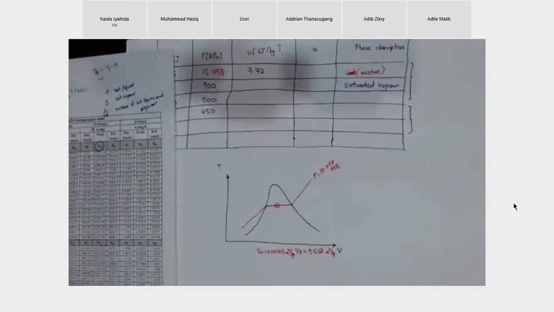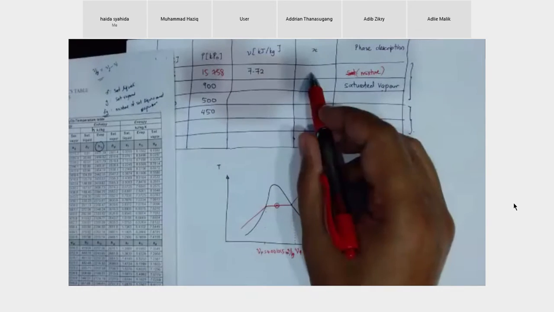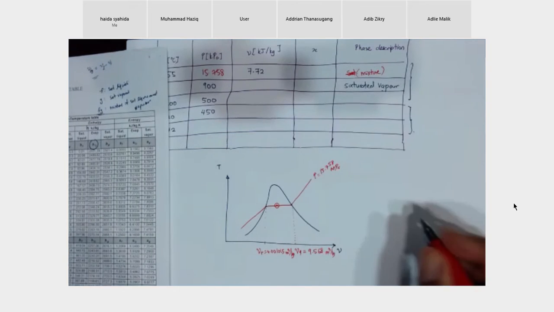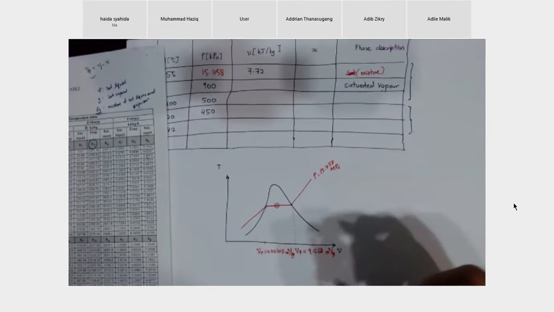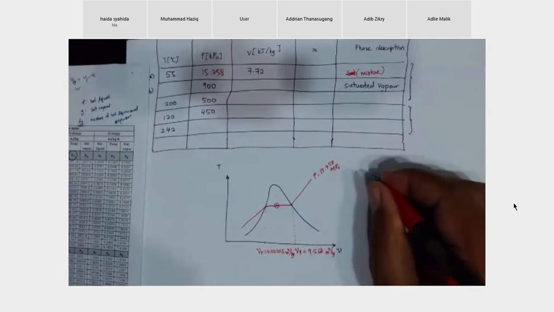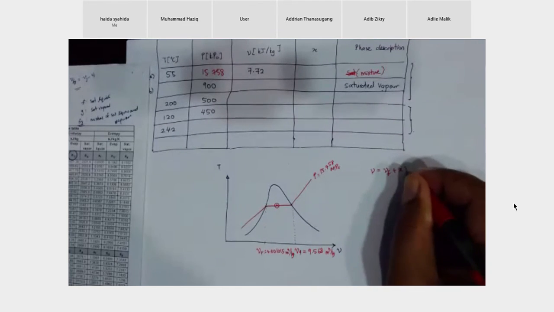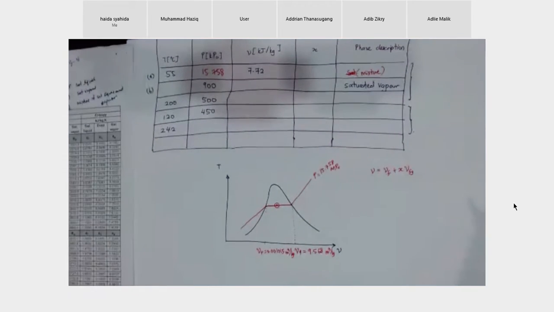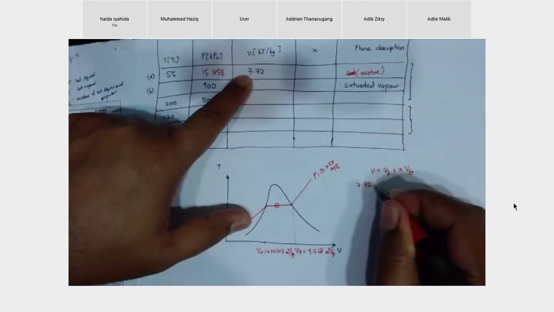Because only in this mixture part we have the value of X, how do we get X? X has a formula, which I will teach you on Friday in the theory. When it is a mixture, V equals VF plus X VFG. The V is given here, 7.72.